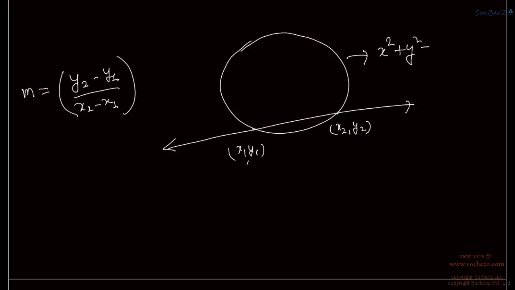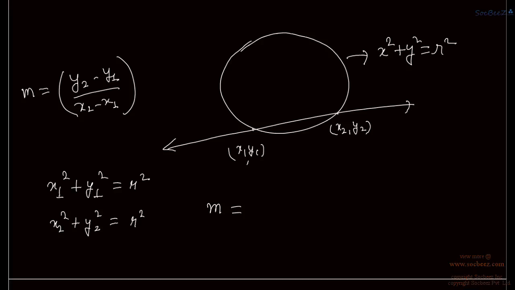And this is a circle, x² + y² = r². That means both points satisfy this equation. So we can write x1² + y1² = r², as well as x2² + y2² = r². Now let us represent this in terms of one variable only, that means y2 in terms of x2 and y1 in terms of x1.